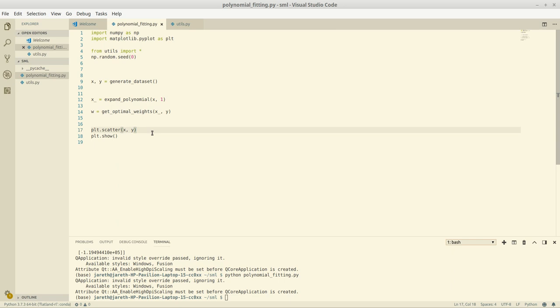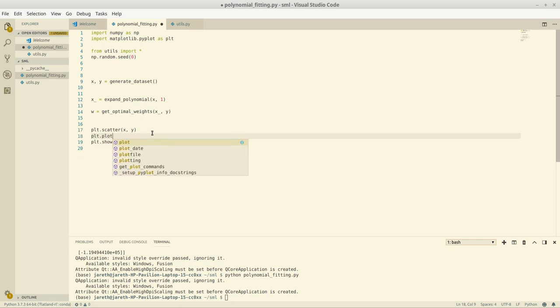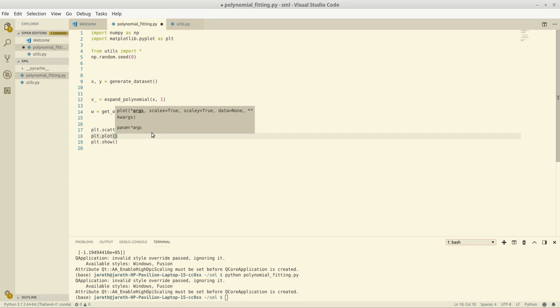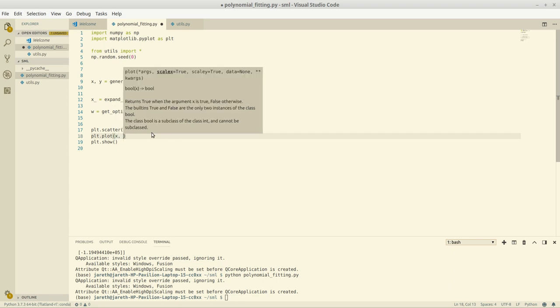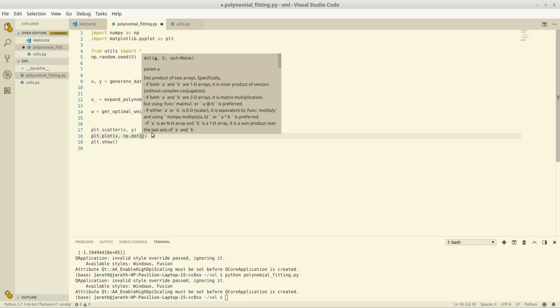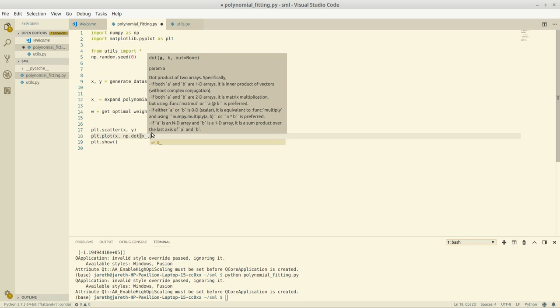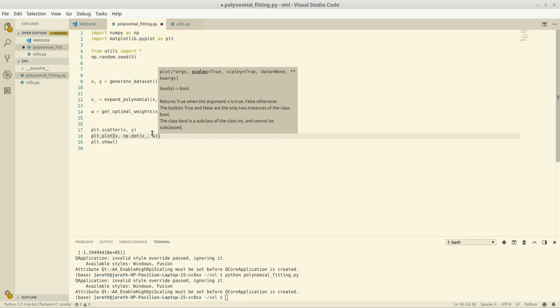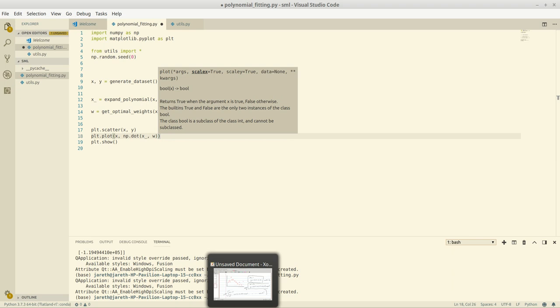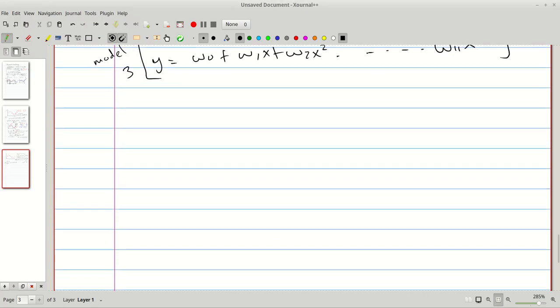So let's actually plot it. We're going to plot X versus the prediction, which should be a dot product between this x underscore and the w. This should give us our prediction. Why? Because if we come back here, how do we actually compute the prediction?